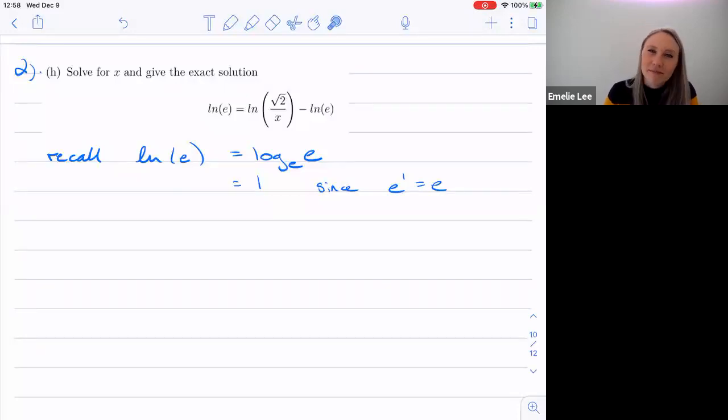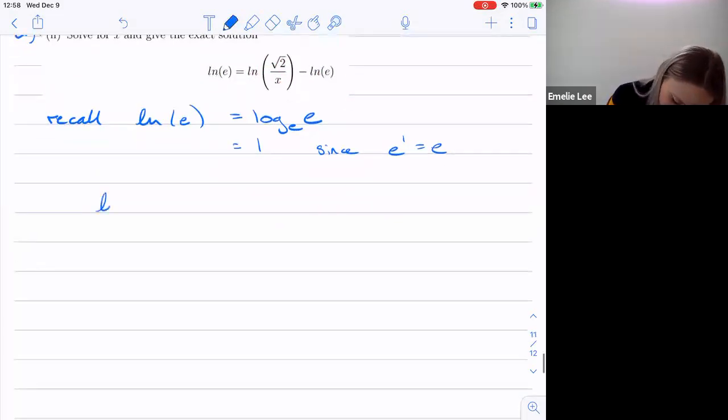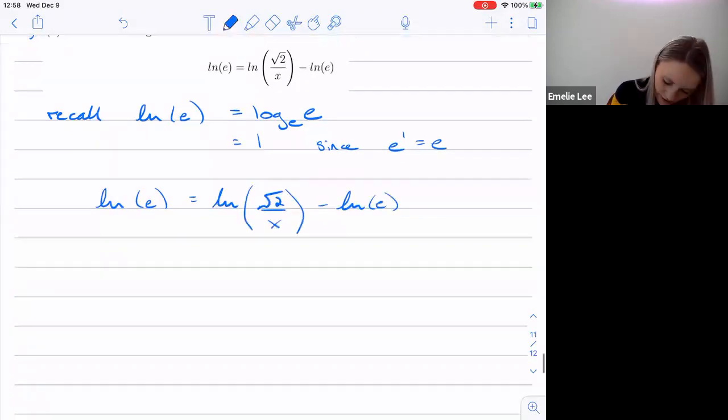So back to logs. We've got basically 1. 1 is the ln of root 2 over x minus 1. So I'm going to simplify this. So we get ln of e is the ln of root 2 over x minus the ln of e.